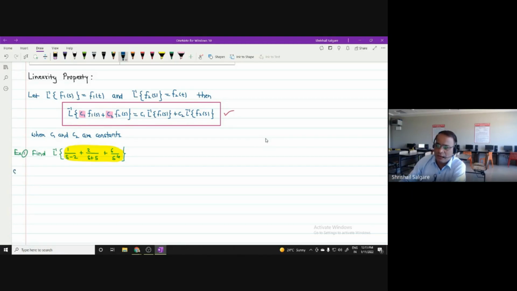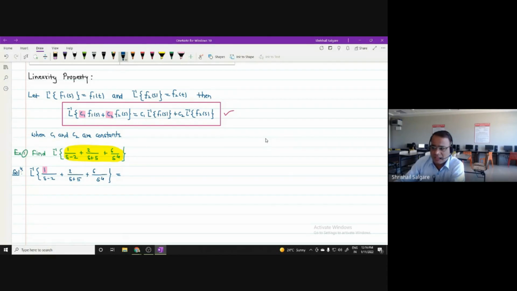So for the solution, the left side I will write as it is. L inverse of 1 upon s minus 2 plus 2 upon s plus 5 plus 6 upon s raised to 4. There are three terms. First term, what is the constant? This is 1. So outside the operator, not necessary to write 1, because 1 multiplied by anything is the same.